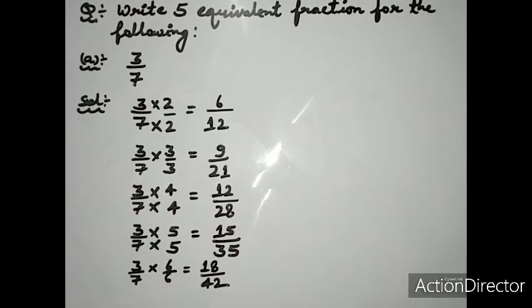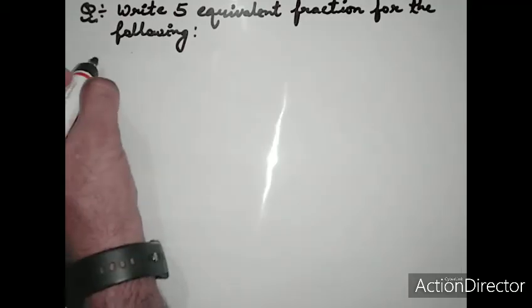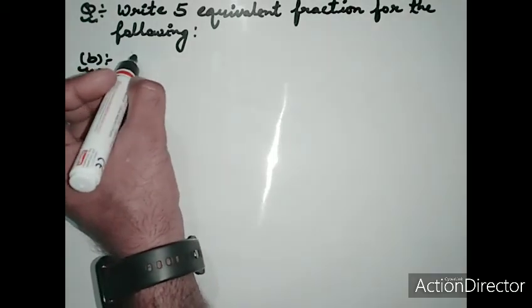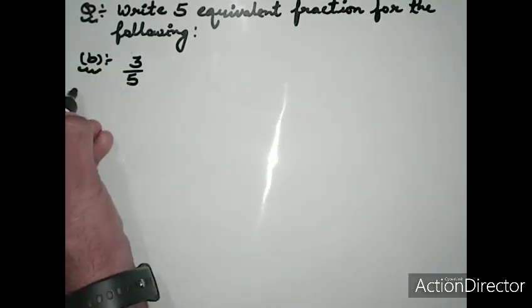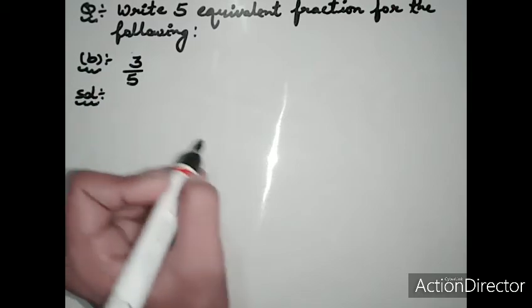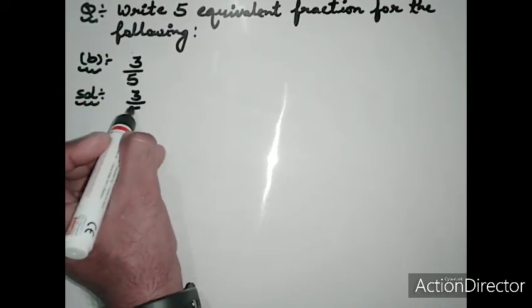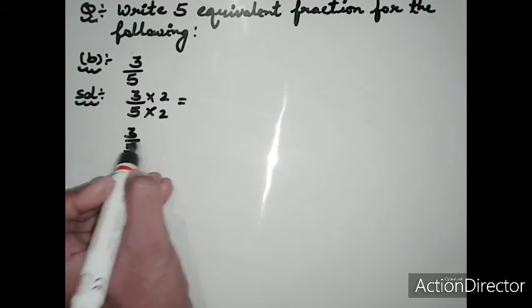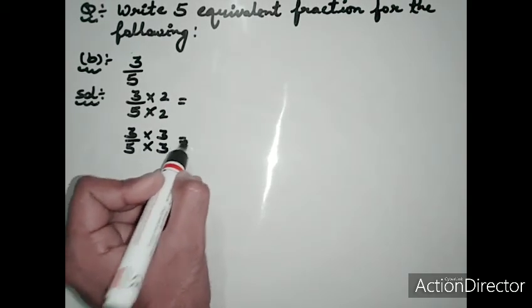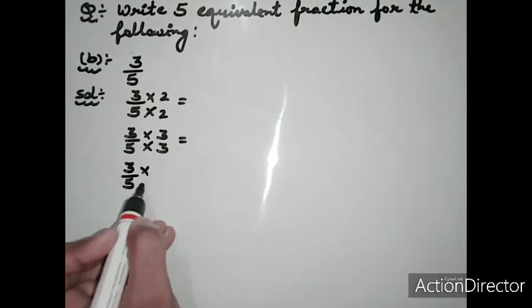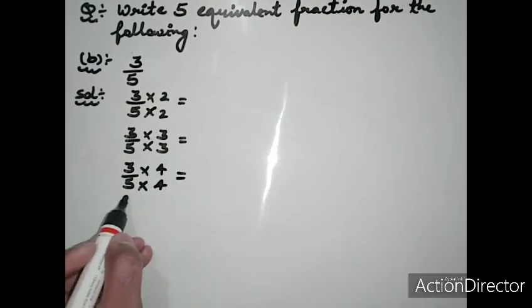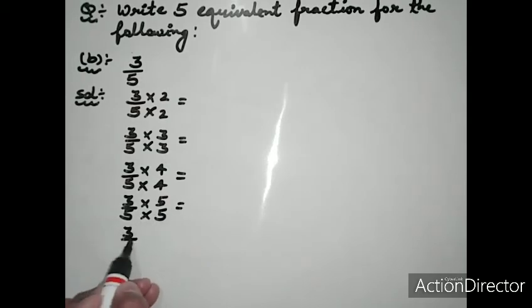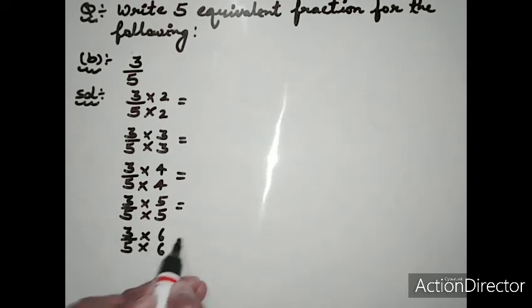Now we take another example here, like 3 upon 5. So here we again multiply 3 upon 5 with 2, then 3 upon 5 with 3, then 3 upon 5 with 4, then 3 upon 5 with 5, and 3 upon 5 with 6.